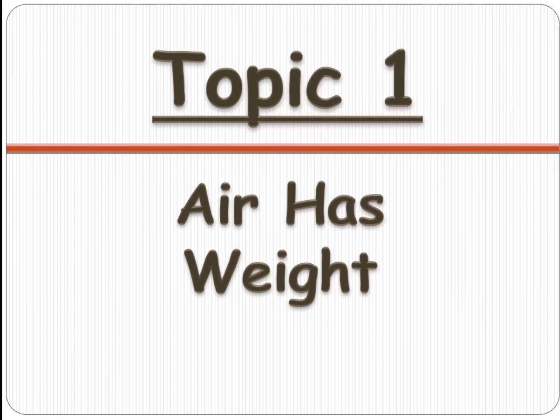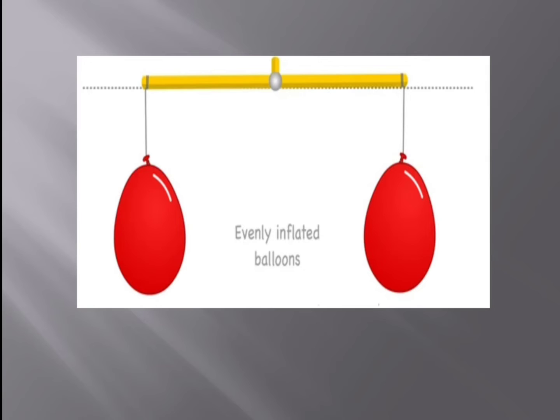For that, you have to have two balloons, one stick and one thread. Fill the balloons with air. Blow the air into the balloons, tie those two balloons to the stick, tie the thread here and hold the thread.